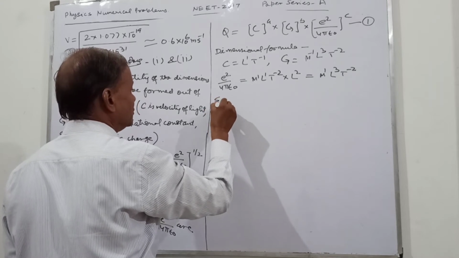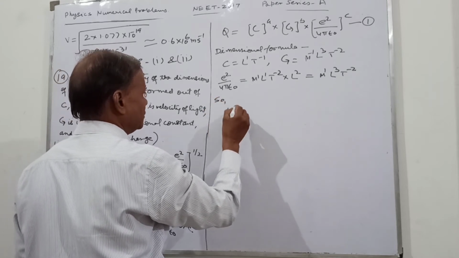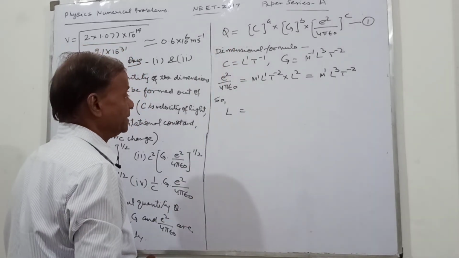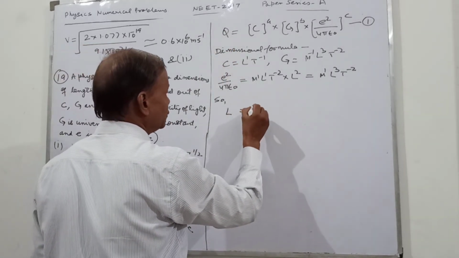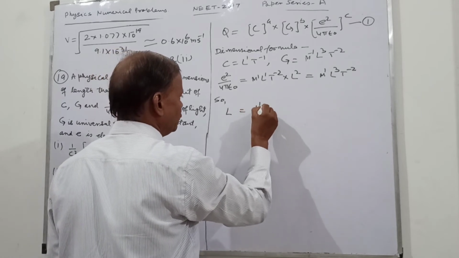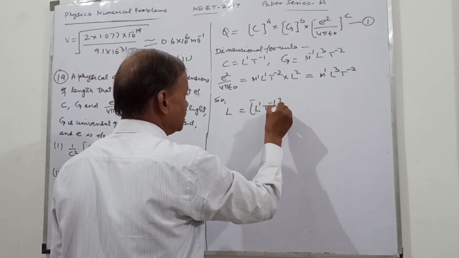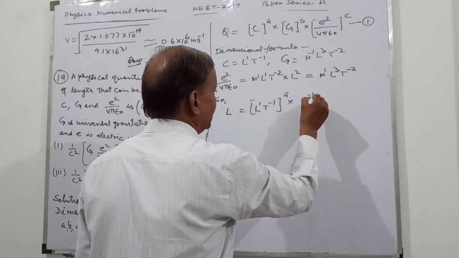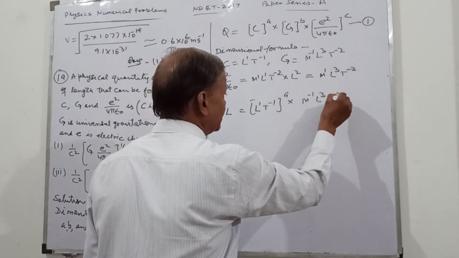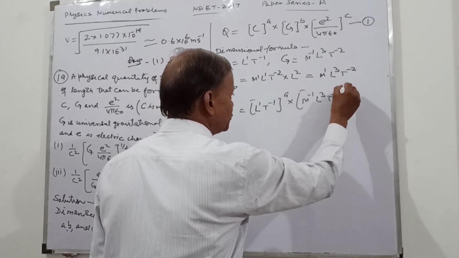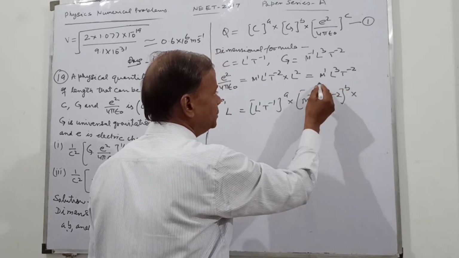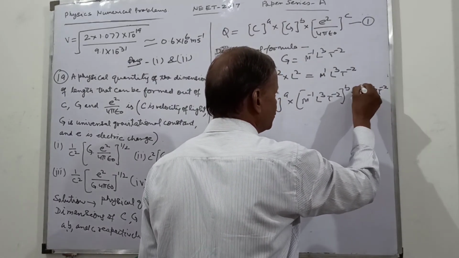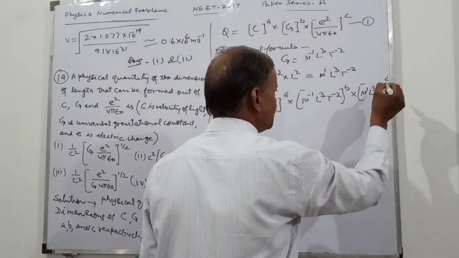So this is L, since Q has dimensions of length. So this is now your C: L1 T minus 1 raised to power a, into G, M minus 1 L3 T minus 2 raised to power b, into M1 L3 T minus 2 raised to power c.